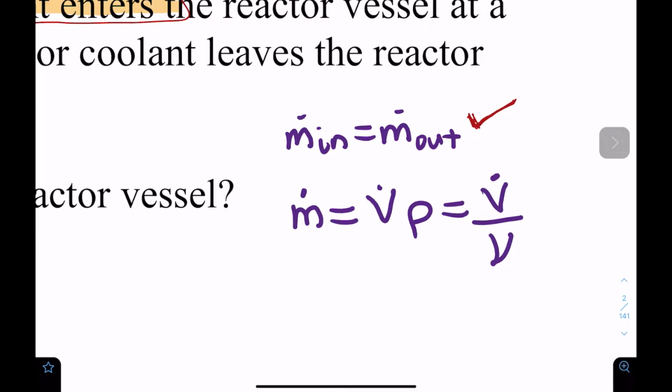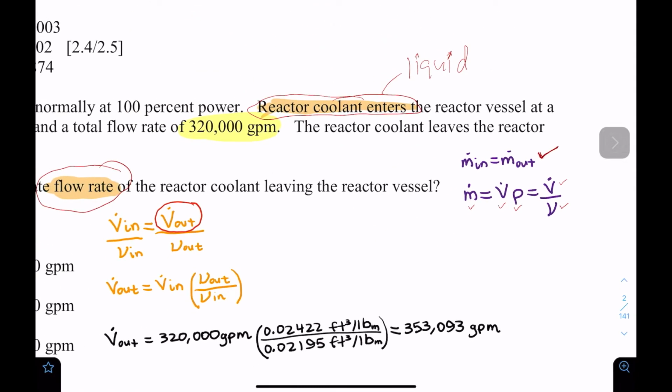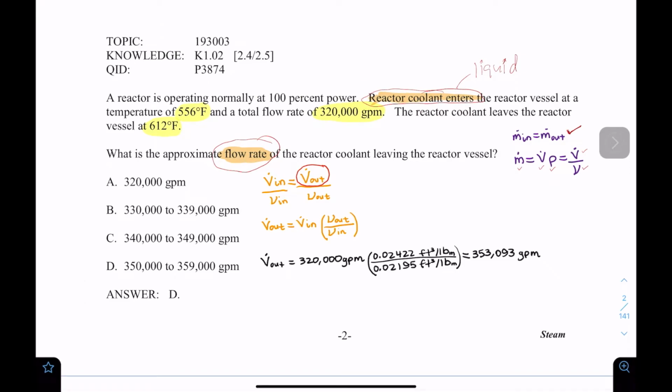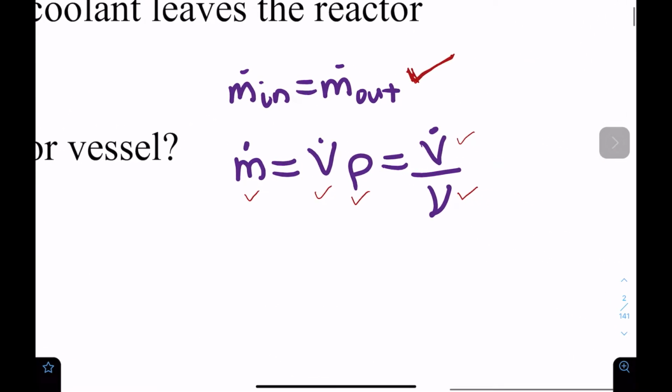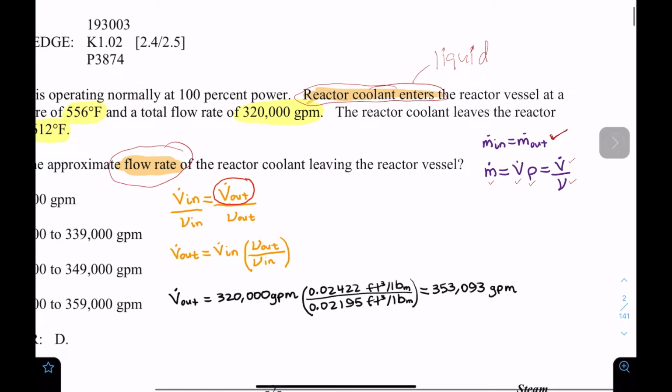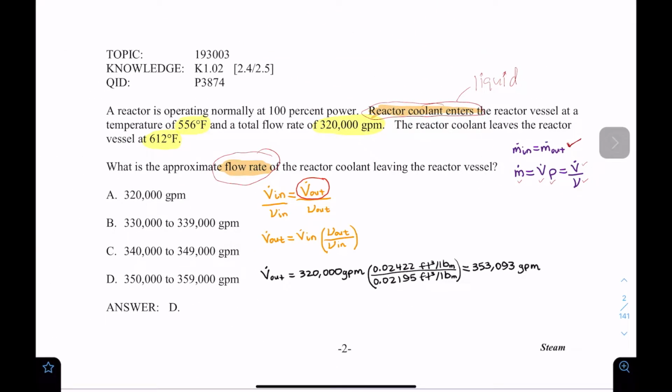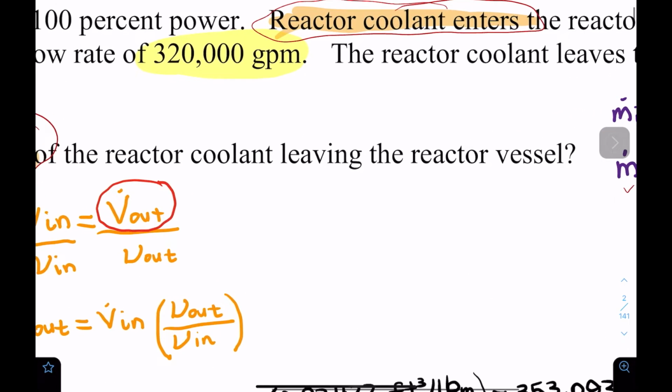So what is the formula for flow rate? Mass flow rate is equal to my volumetric flow rate times my density, which is equal to my volumetric flow rate over my specific volume. That's important because they're giving me temperatures, and I know I'm dealing with a liquid, so I have to use a specific volume.